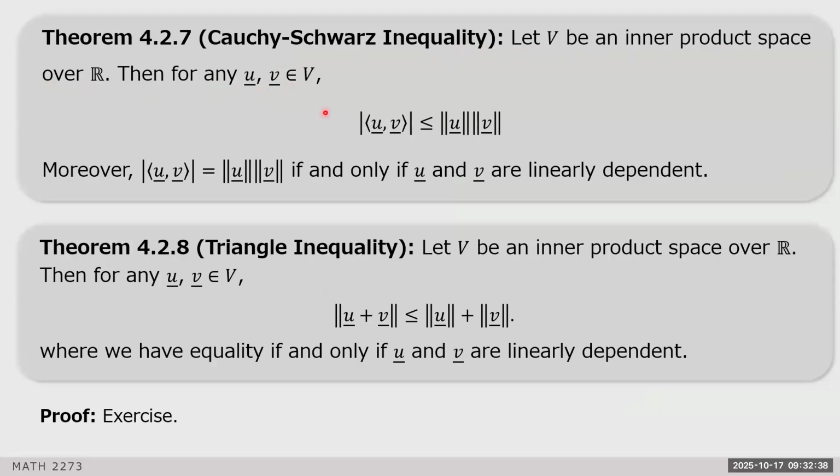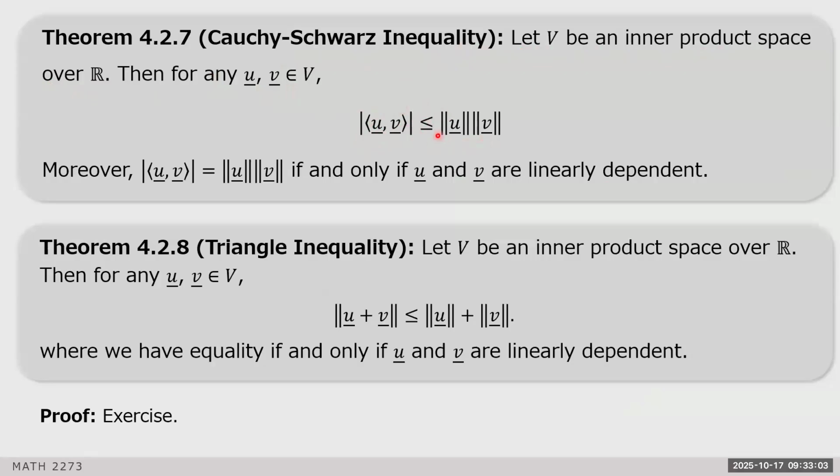Then for any two vectors, remember the inner product of U with V is a number, and this number could be negative, by the way. What this is saying is that the modulus of this number is less than or equal to the length of U multiplied by the length of V.